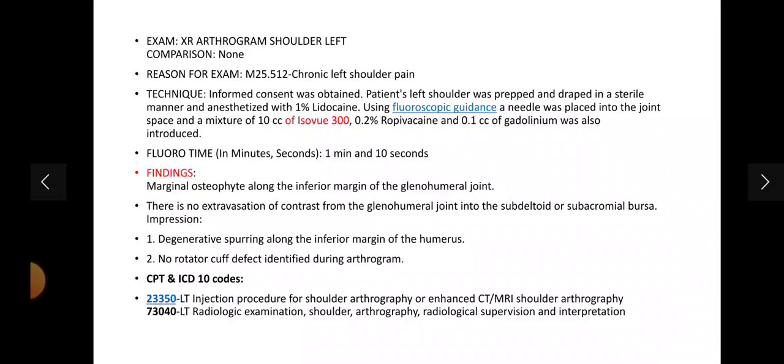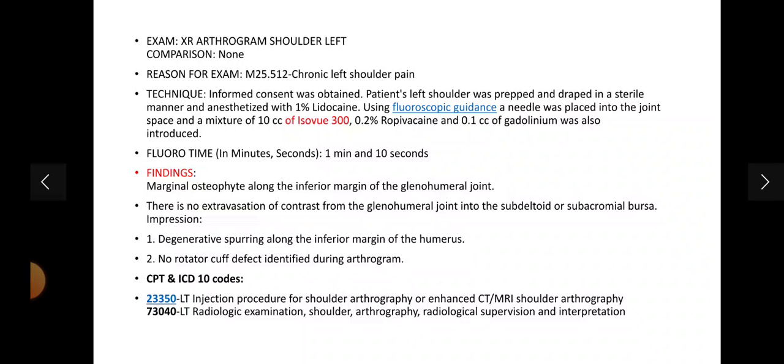So these findings are given, so we can code the SNI code, supervision and interpretation. On the basis of that, we have coded the main procedure code arthrogram 23350 with LT modifier, and SNI code 73040. So this is the way we have to code the arthrogram procedure. This is the sample report for shoulder.